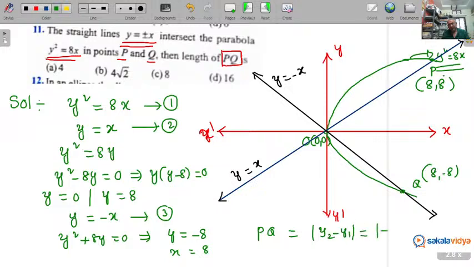So that is mod of minus 8 minus 8, so mod of minus 16. So obviously 16 units. So D is the right option. You might have got that one, right?